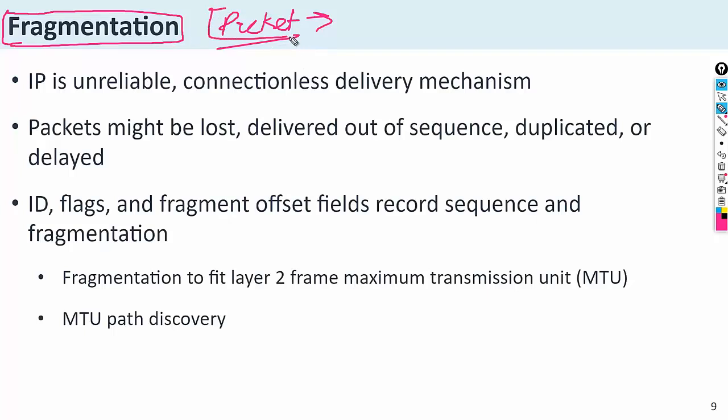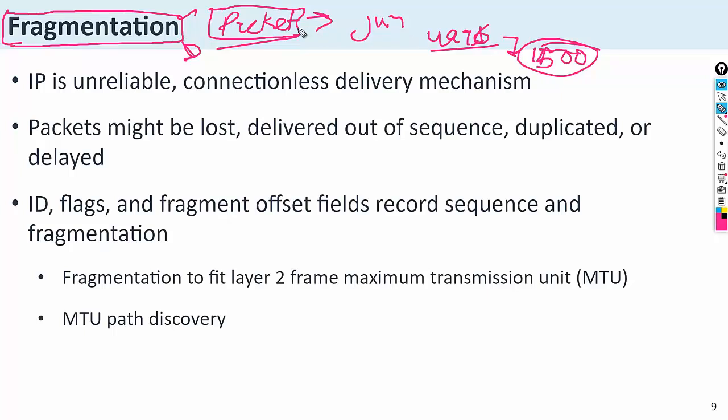For example, we have learned about the jumbo packet. A jumbo packet can have a size like 4096, but the normal packet has a size of 1500 bytes. So what it will do is break the packet into multiple small packets or small parts. This is called fragmentation.